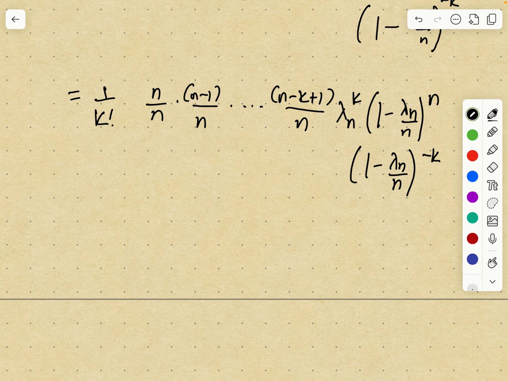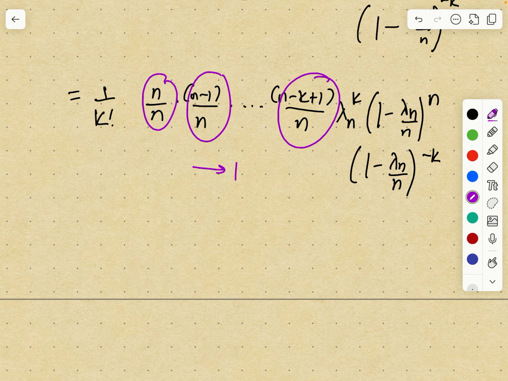So what happens when n goes to infinity? Well, each of these terms in the product are going to approach 1 as n goes to infinity, because k is a fixed constant here. So those just go to 1, and then the lambda sub n's, remember, by hypothesis are approaching lambda.